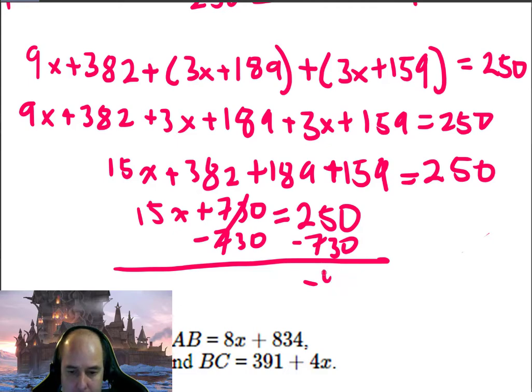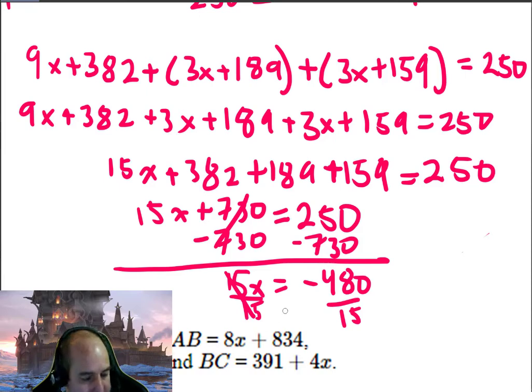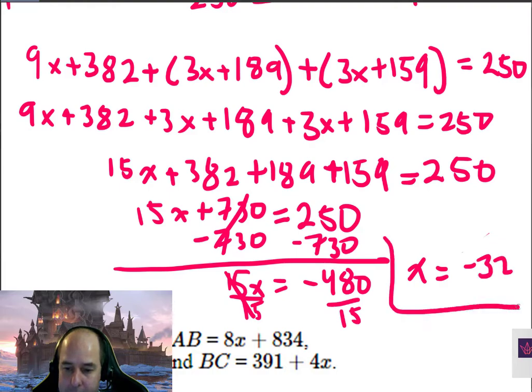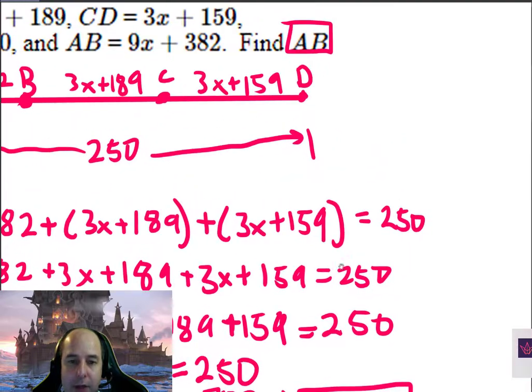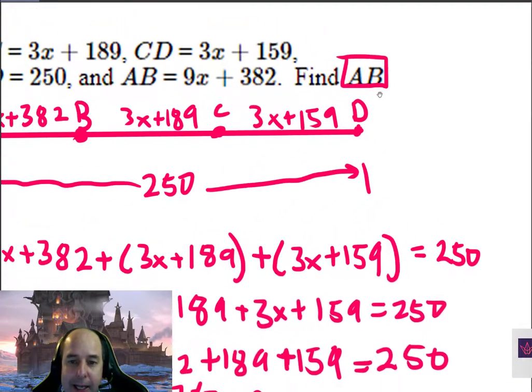Negative 480 is equal to 12x. And by dividing both sides by 12, which is once again basic algebra here, I get x is equal to negative 40. So that's my answer, right? X equals negative 40. And the answer is no. If you write that, you got it wrong, because they want you to find AB.